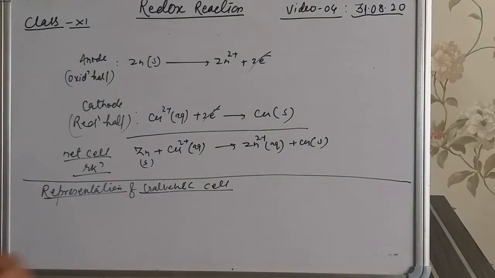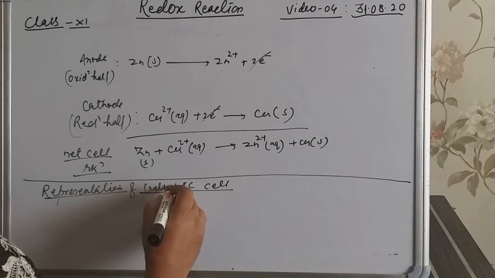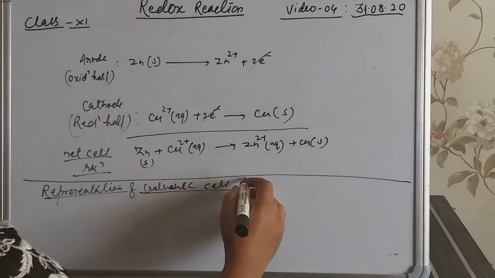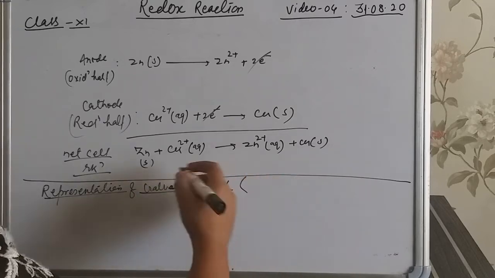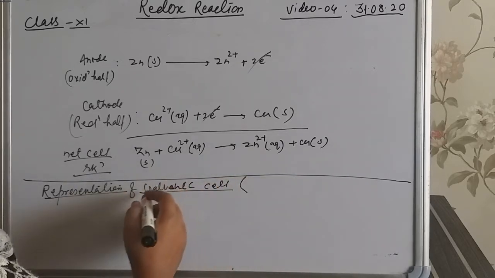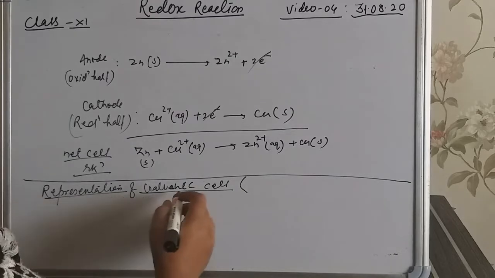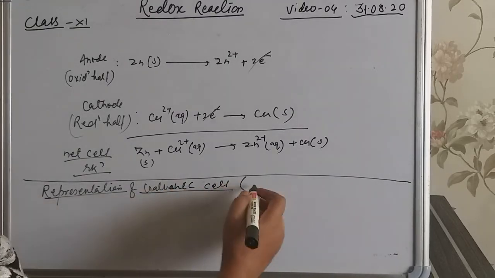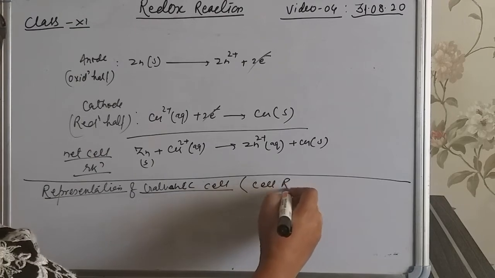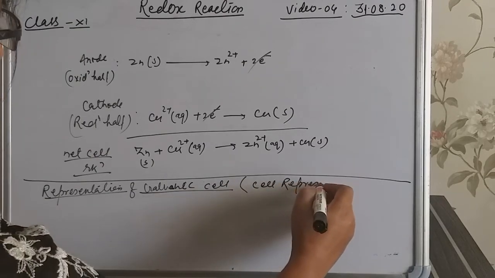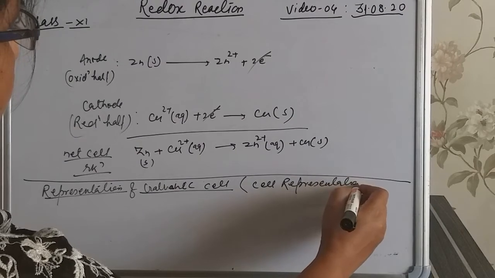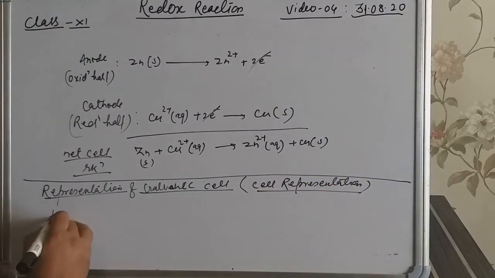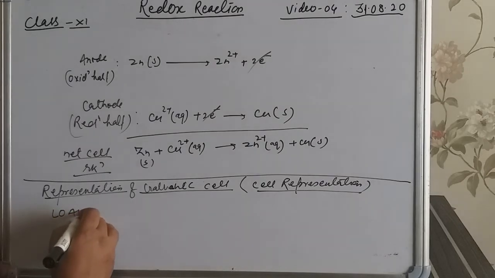There is a very easy method to represent the net cell reaction, or the reaction that takes place in a galvanic cell. We call it cell representation. It's a very easy method which is called the LOAN method.